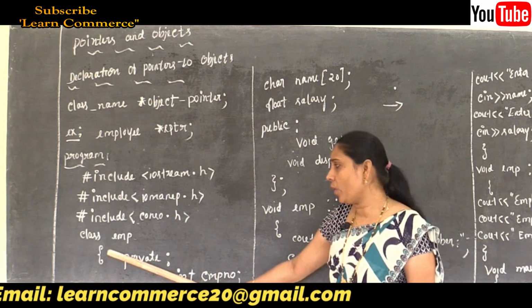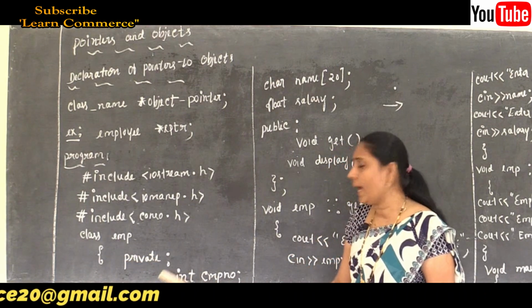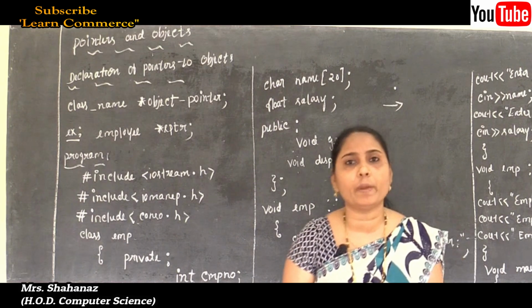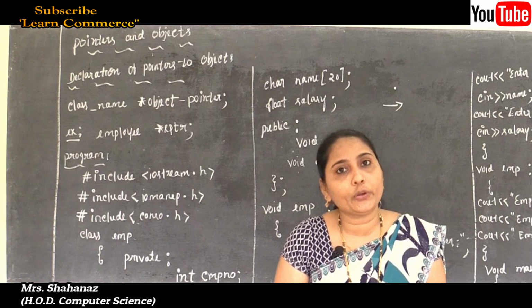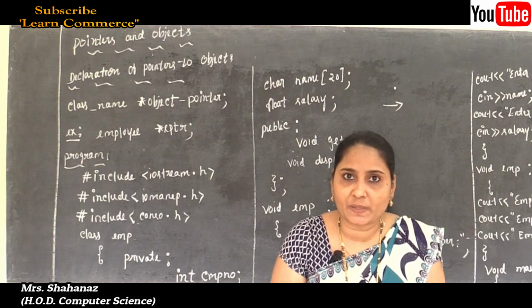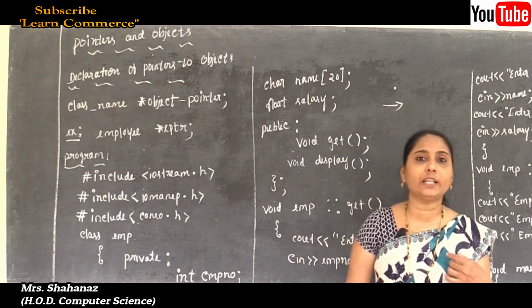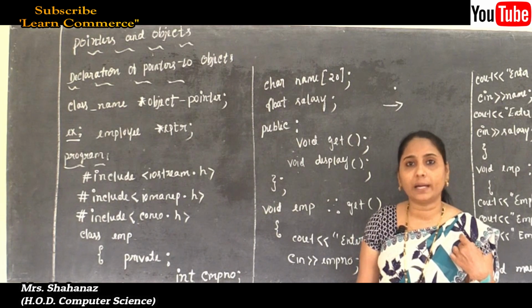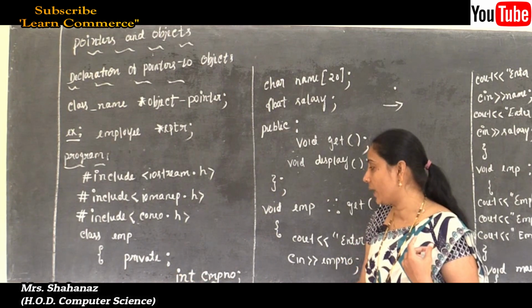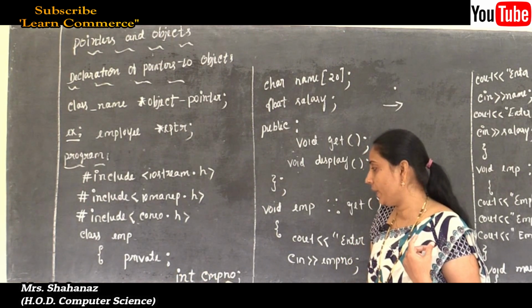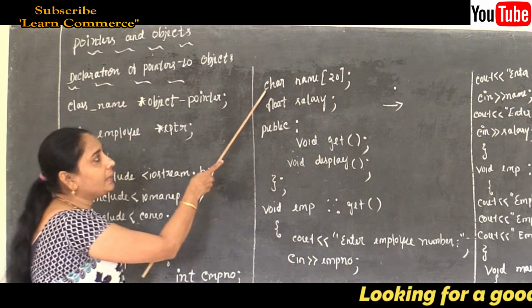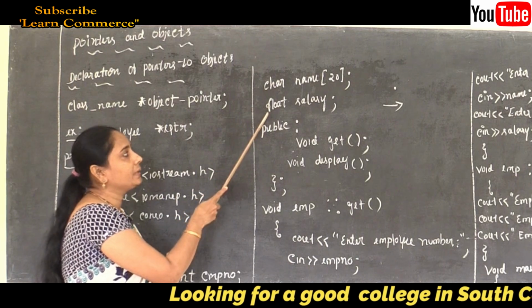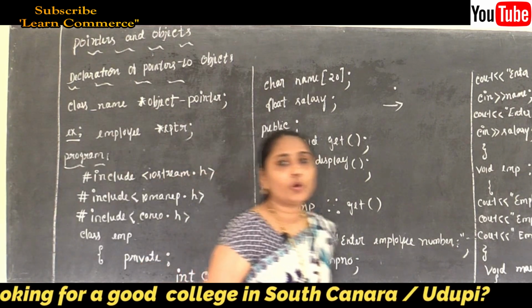Then the opening curly bracket, and with that I am going to use some member data and member functions. We use the private access specifier for the declaration of the member data. The member data are int empnumber, the second is char name[20], and the third is float salary.